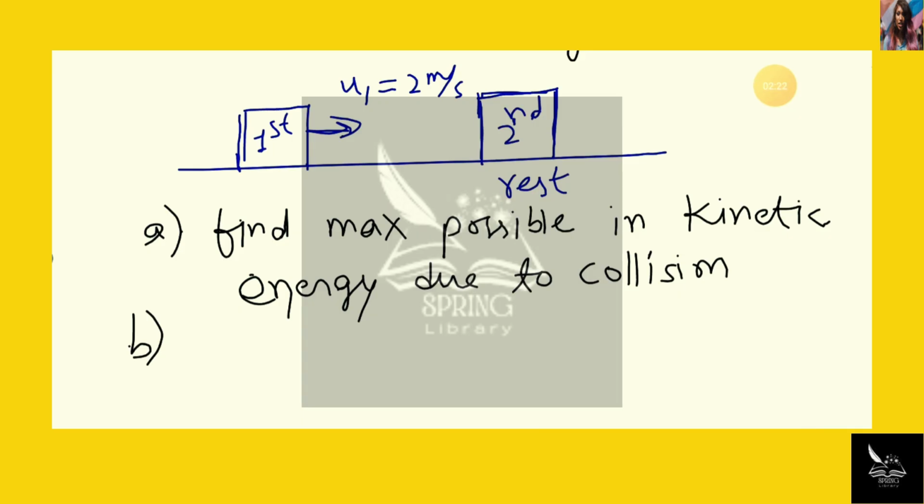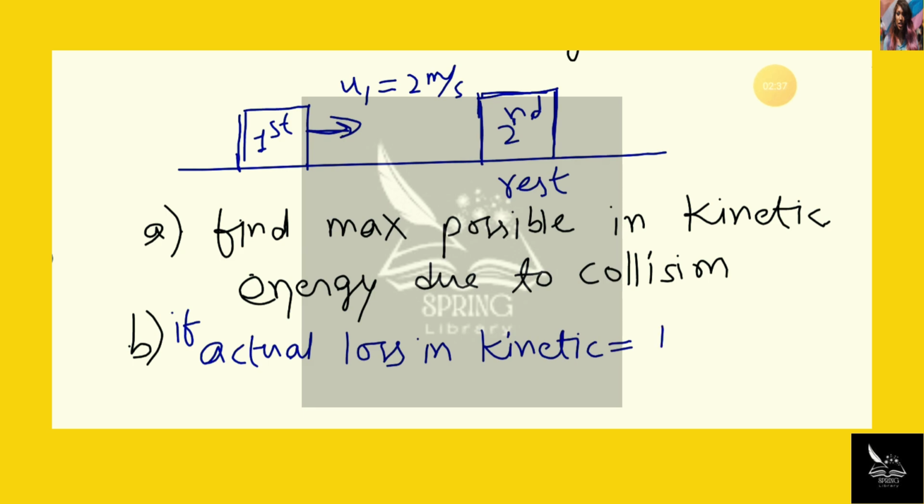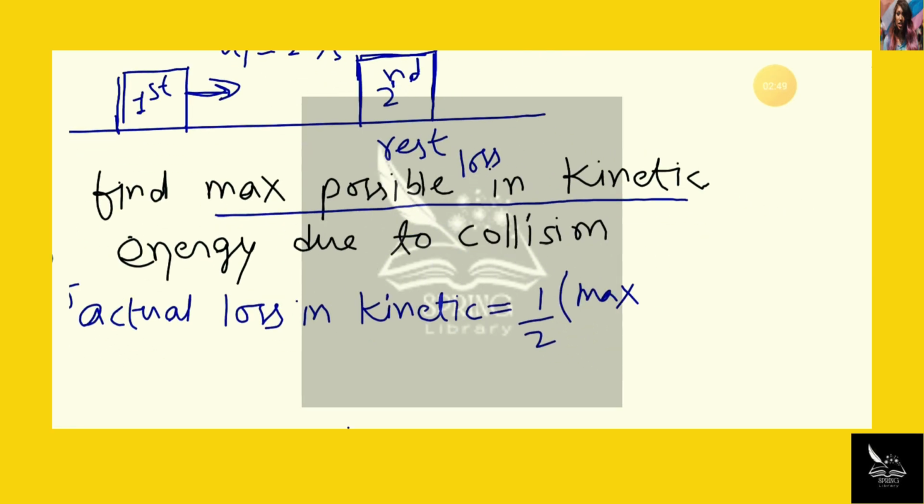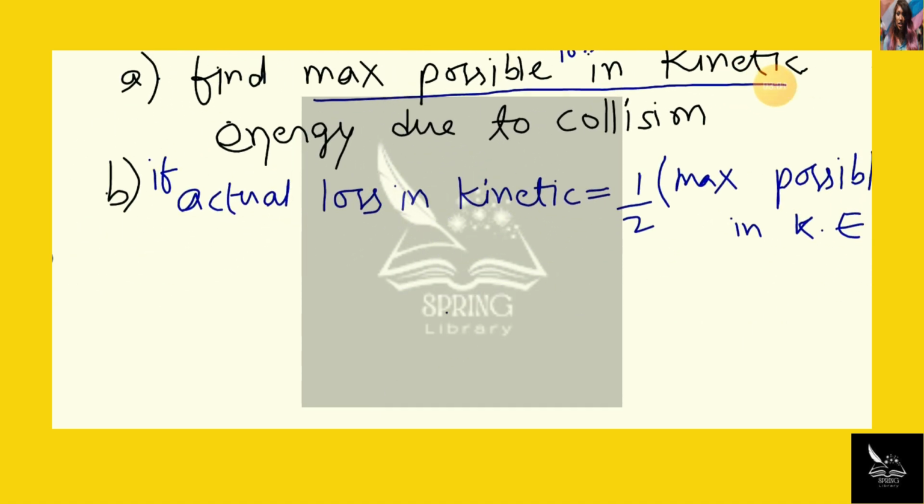So that means in part B a condition is given: if actual loss in kinetic energy is equal to half of the maximum possible loss in kinetic energy, then find the coefficient of restitution.